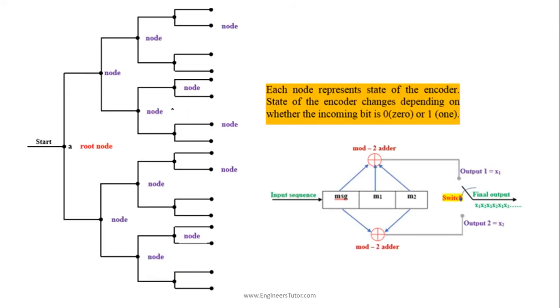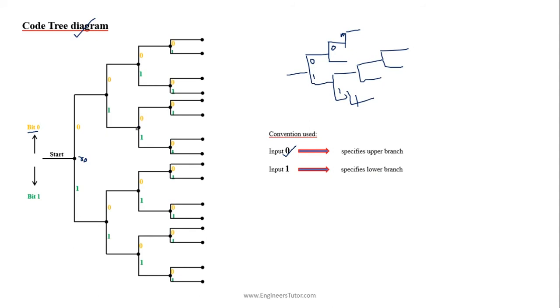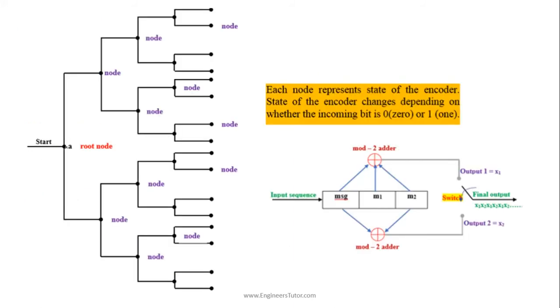And see, this represents nodes, or states of the convolutional encoder. So this is the root node and we have different nodes or states of the convolutional encoder. Each node represents a state of the encoder.